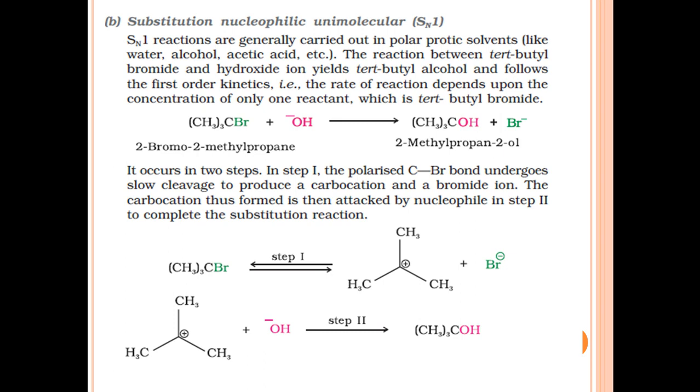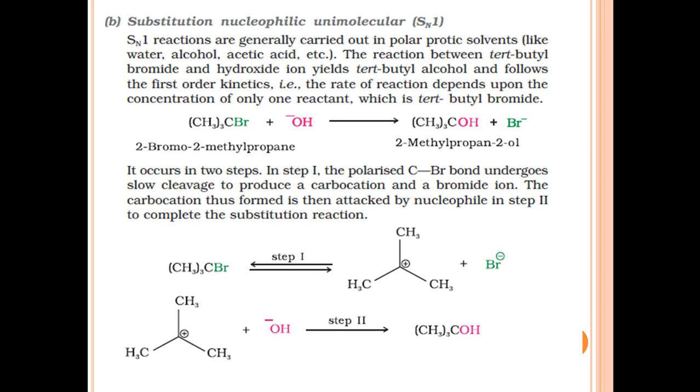Substitution nucleophilic unimolecular reactions, or we can say SN1 reaction. Both mechanisms are very important. SN1 reactions are generally carried out in polar protic solvents like water, alcohol, acetic acid, etc. The reaction between tertiary butyl bromide and hydroxide ion gives tertiary butyl alcohol and follows first order kinetics.